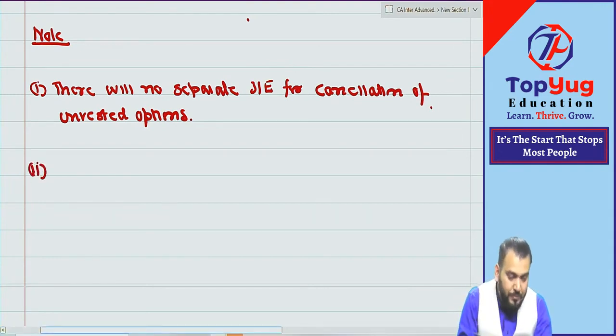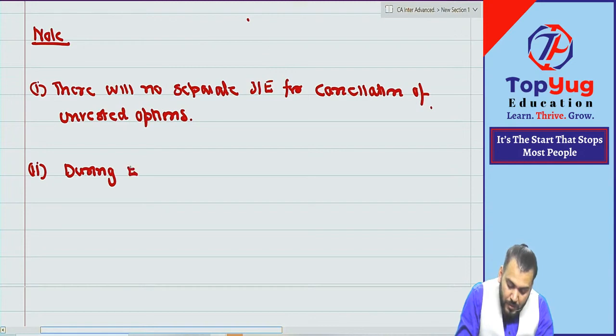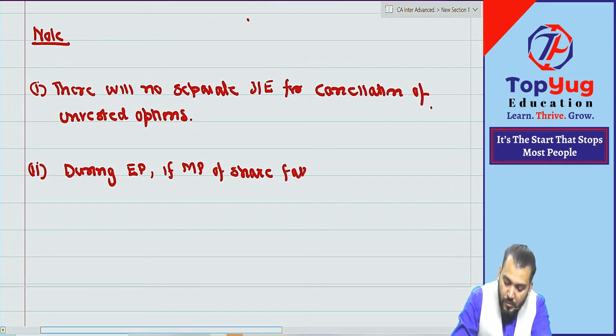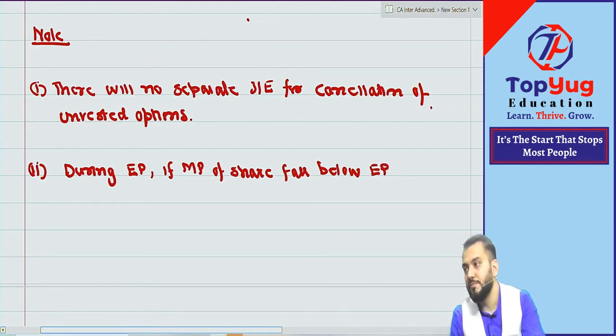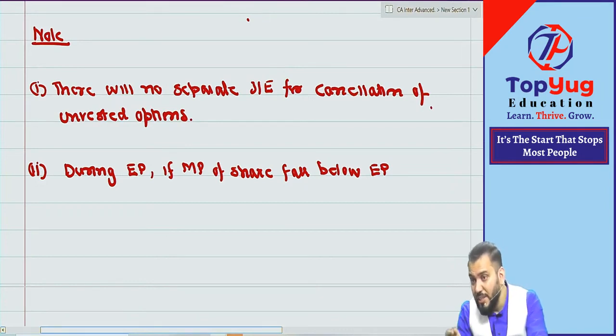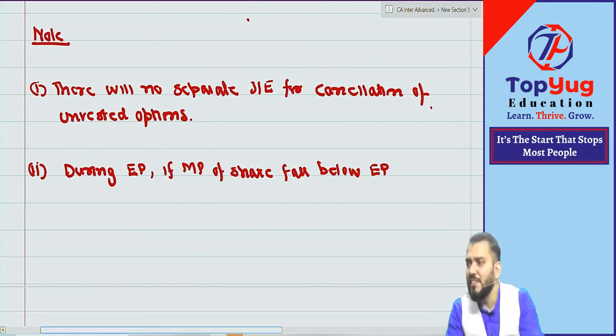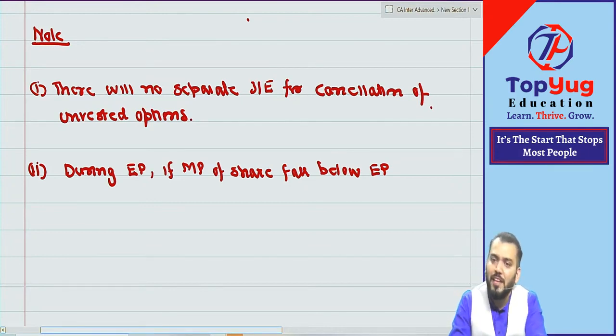Point number 2. Write down. During exercise period, if market price of shares falls below what? Falls below exercise price. Quite possible. So if the market price of shares falls below exercise price, what will the employee do? Employee will not exercise. Means entire options will be cancelled.